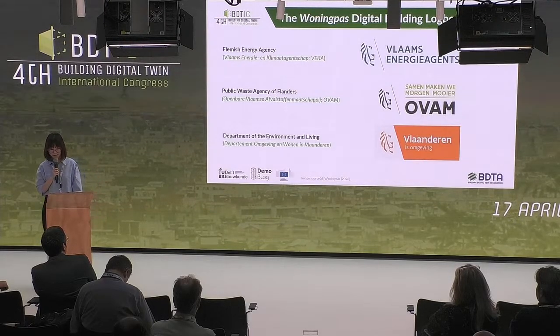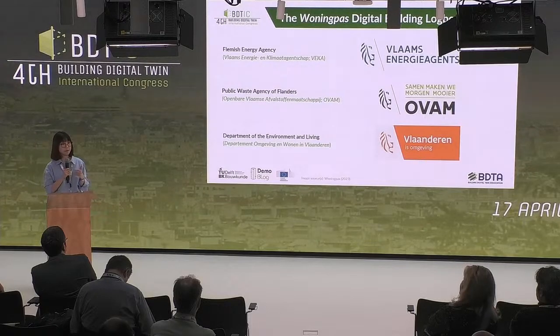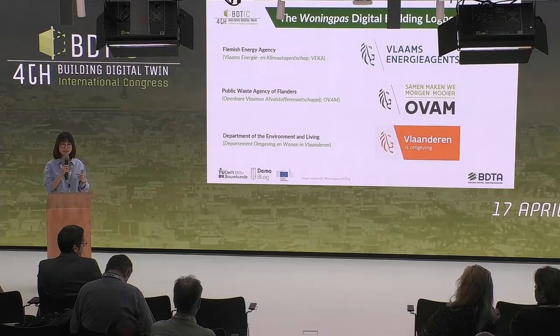And this way, the Woning Pass is not only automatically fed with an abundance of data, which is verified, but it's also why the DBL can be made freely available to the homeowners of all 4 million individual housings in Flanders.